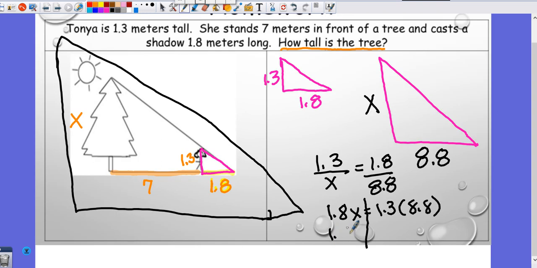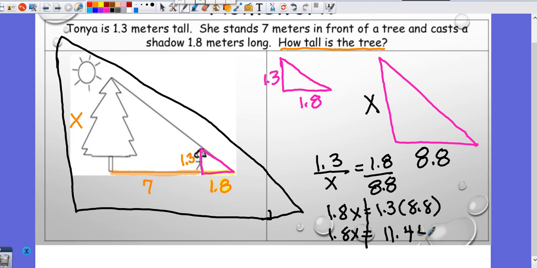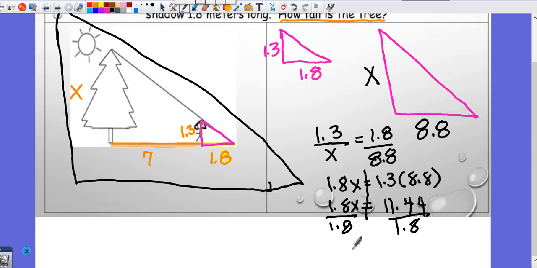So I get 1.8x should equal 1.3 times 8.8, which gives us 11.44. Divide that by 1.8. Divide this by 1.8.